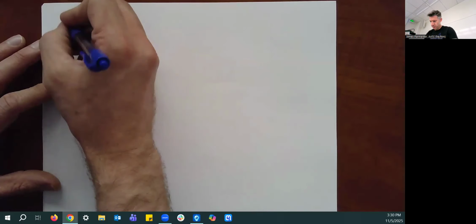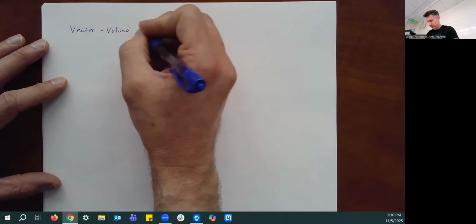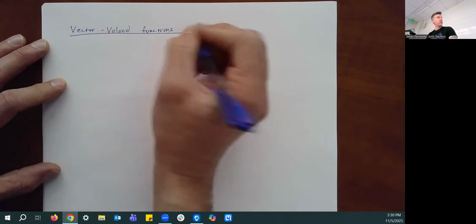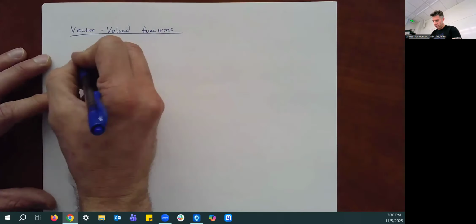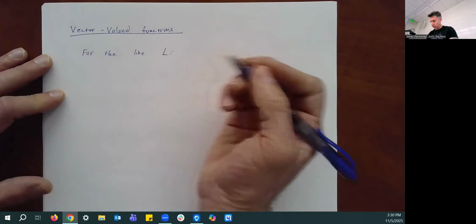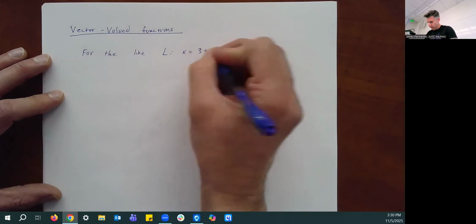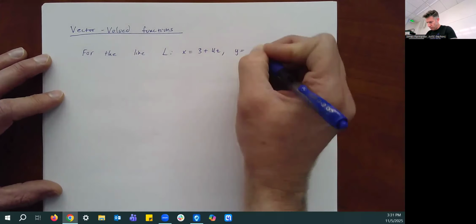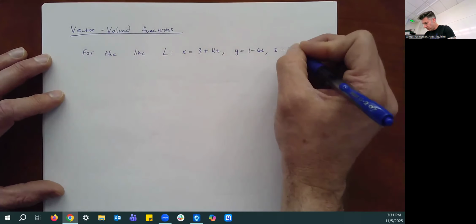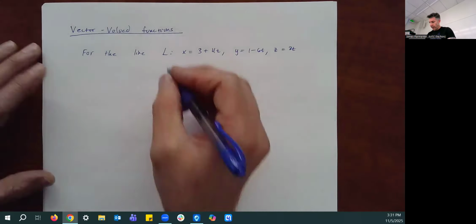So vector valued functions, which we've already talked about when writing lines. In fact, let me just give you an example. For the line that we have described with parametric equations like x equal to 3 plus 4t, y equal to 1 minus 6t, and z equal to 3t, instead of writing that as three parametric equations, we can write it as a vector valued function.